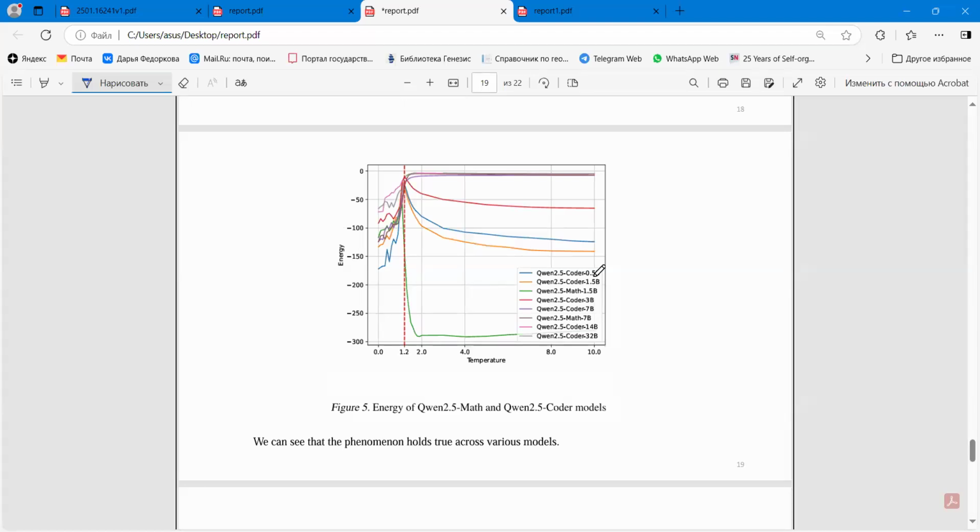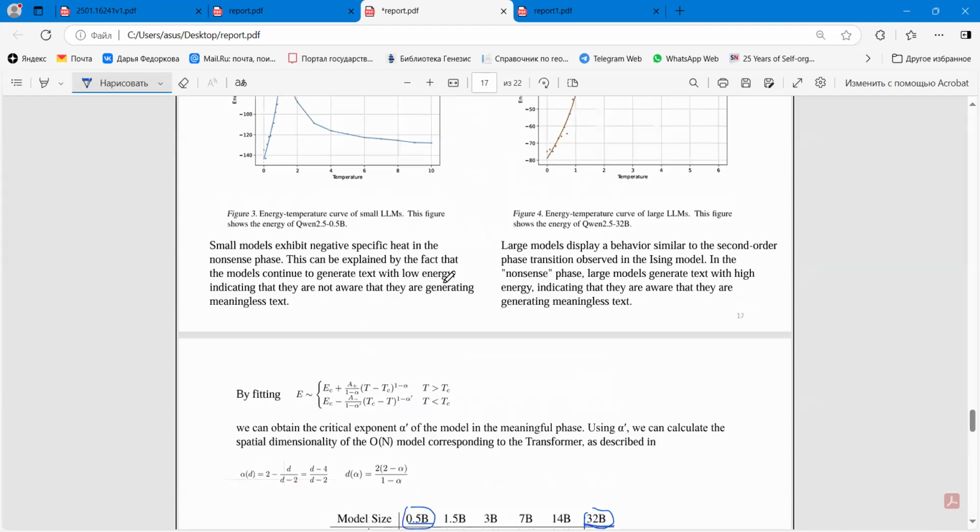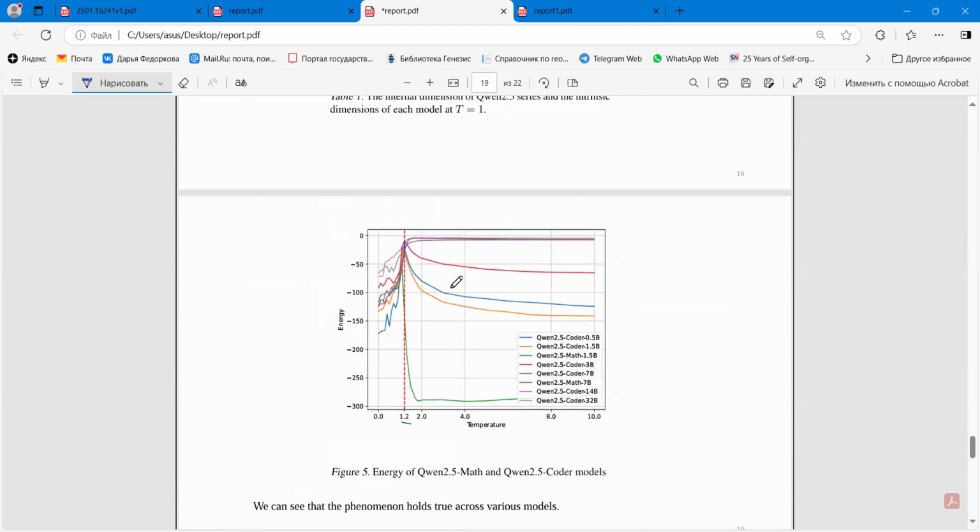Critical temperature equal to 1.2. And they said that the phenomenon holds true across various models. Okay, it looks really the same as the first picture.